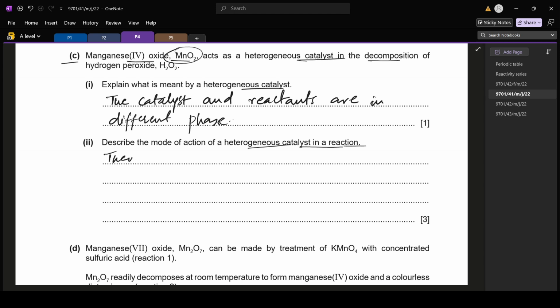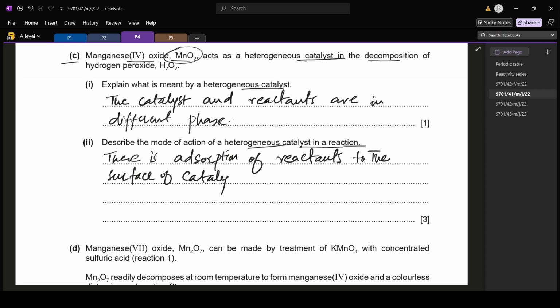there is adsorption of reactants to the surface of the catalyst.